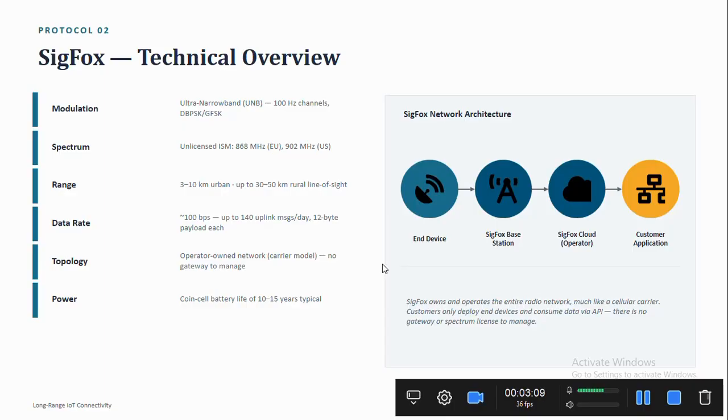And in the Sigfox network architecture we have the end device, followed by the Sigfox base station, followed by the Sigfox cloud operator, and that gives the customer app.